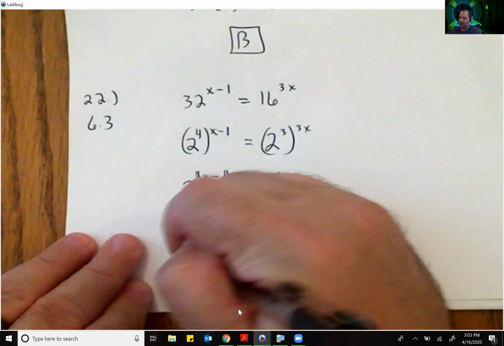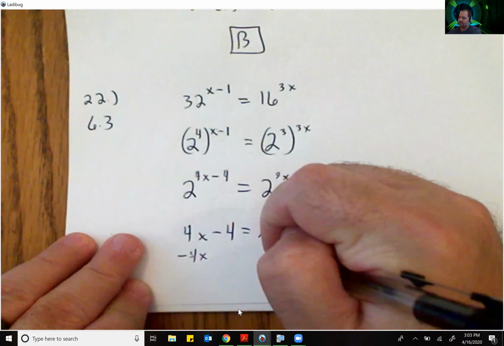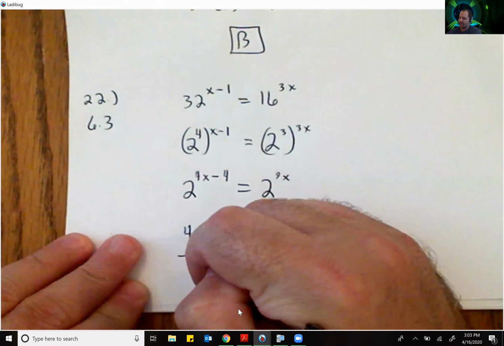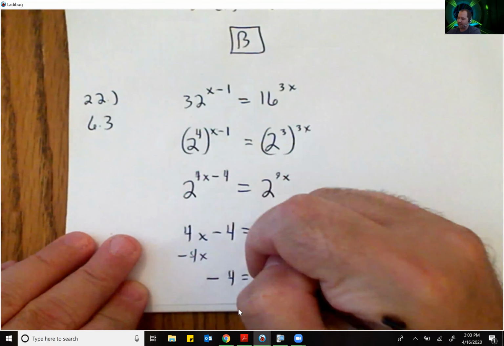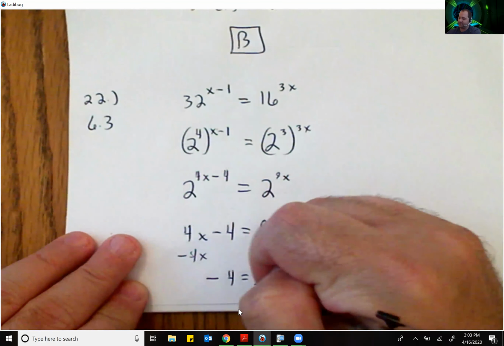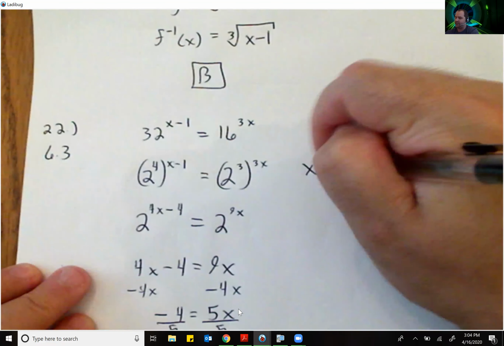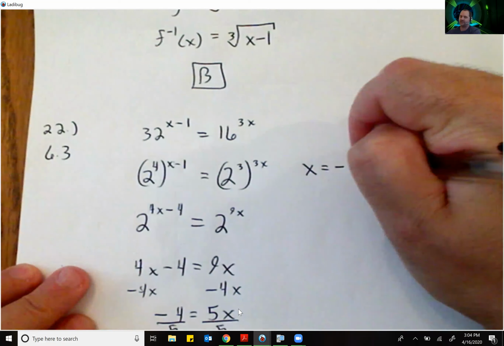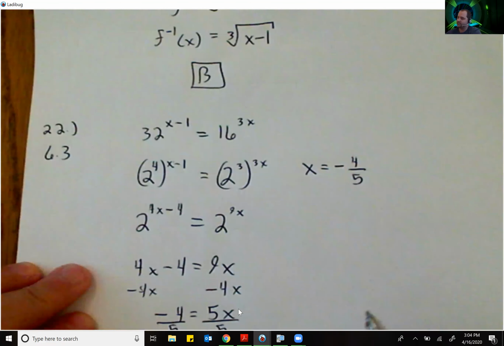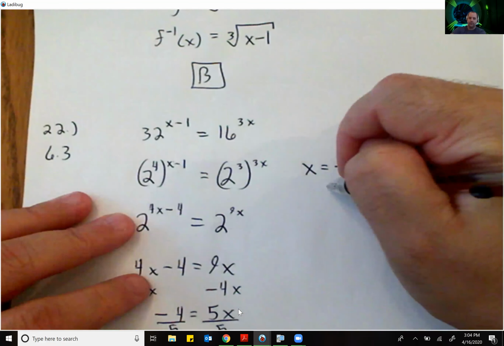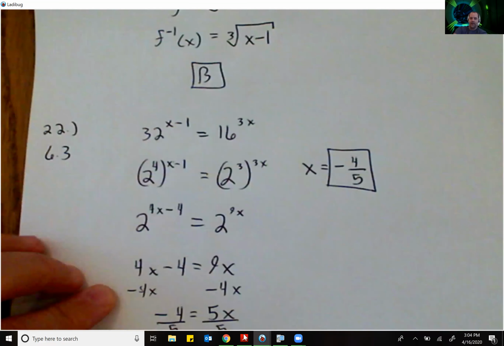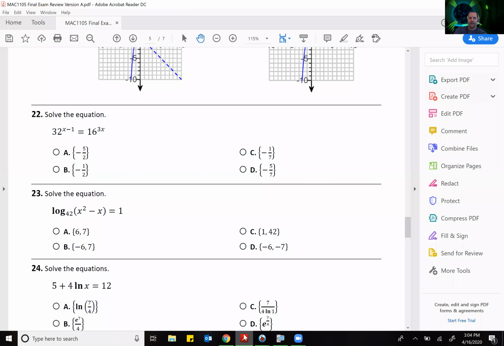So minus 4x, minus 4x, negative 4 is equal to 5x. Divide by 5, divide by 5. We now know that x is equal to negative 4/5. So all we have to do then is go and look to see where that answer is.